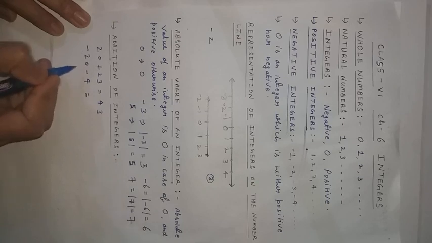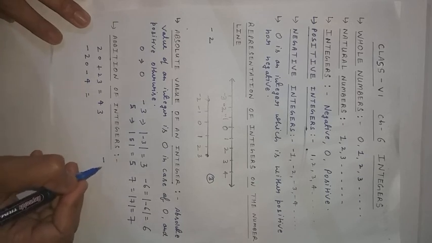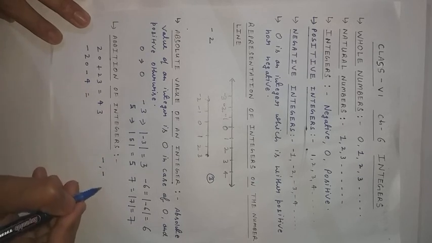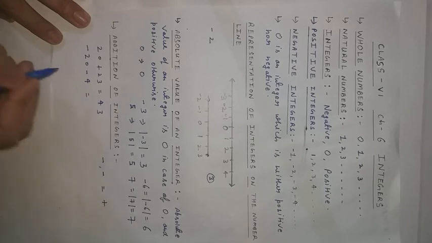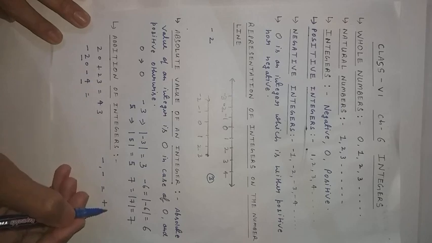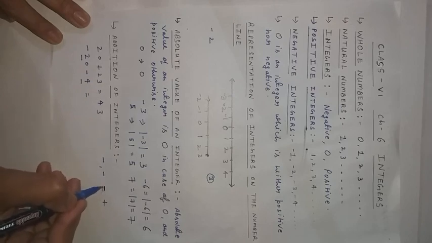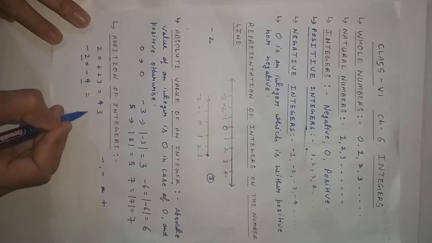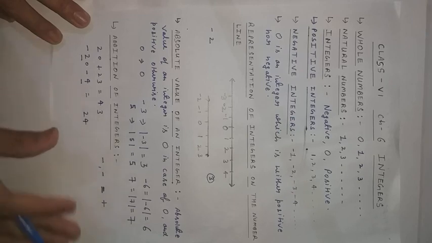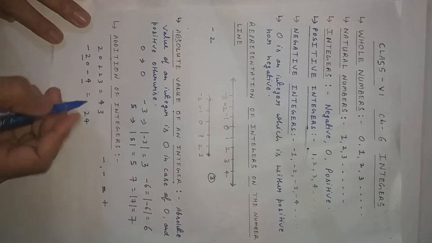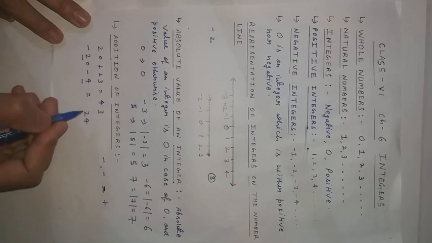Here both are minus, so you know that minus and minus will become plus. That is, 20 and 4 with minus minus become plus. So 20 and 4 become 24. Now one question remains: sir, what sign will we put? This is a very important question.